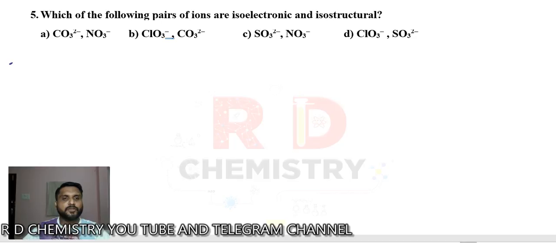Question number 5. Which of the following pairs of ions are isoelectronic and isostructural? Isostructural means the same type of structure and same hybridization; isoelectronic means the same number of electrons. Let us take the first one. How do you calculate the number of electrons? Carbon's atomic number is 6, oxygen's atomic number is 8 into 3, that is 24.